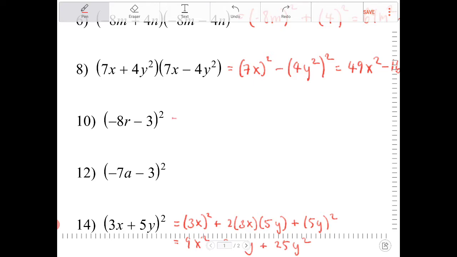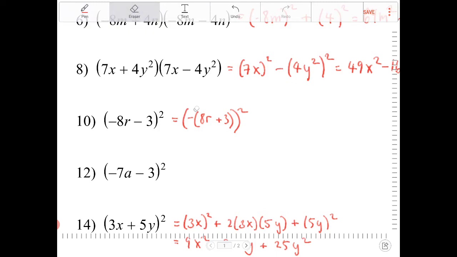However, I want to do a quick demonstration, because both of these things are negative, and I'm squaring them. I can actually factor out a negative, and I end up with 8r plus 3 quantity squared. So think about this. If I'm multiplying two things that have a negative in front, what happens to the overall?